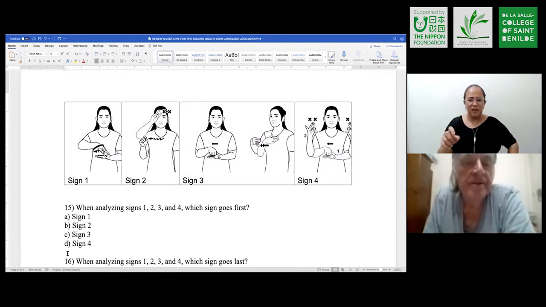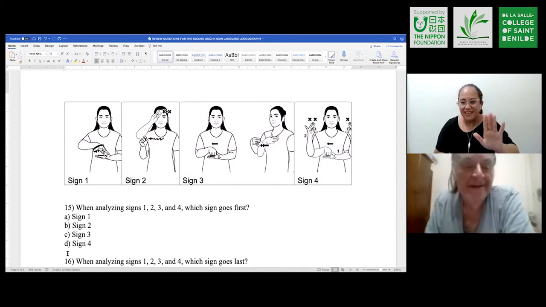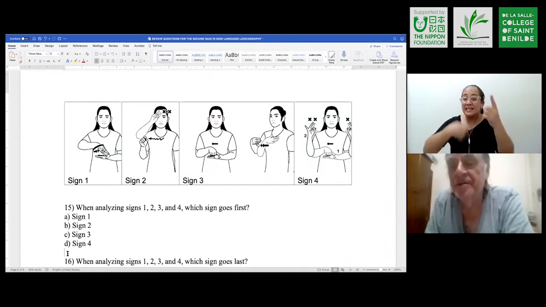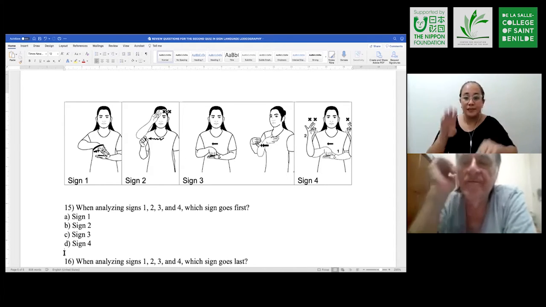Why would you pick sign 2? Because it's a one-handed sign. Yes, that's correct. So sign 2 is the first sign because it's a one-handed sign. All the other signs are two-handed. Remember, all one-handed signs go first.